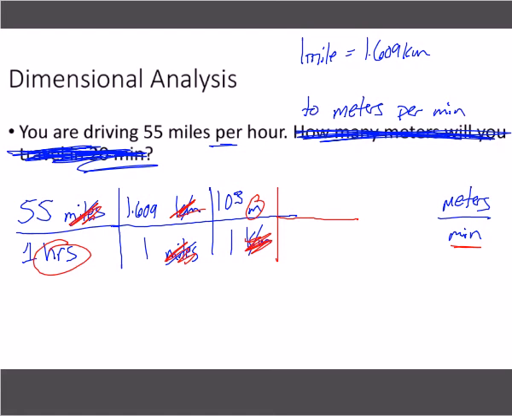If it's on the bottom, it has to be on the top. So hours here, minutes will be on the bottom. Hours will cancel out. How are hours and minutes related? 1 hour, 60 minutes. So now we can write a new fraction, 55 times 1.609 times 10 to the third, divided by 60. Okay? We'll come back and do more practice with this week.